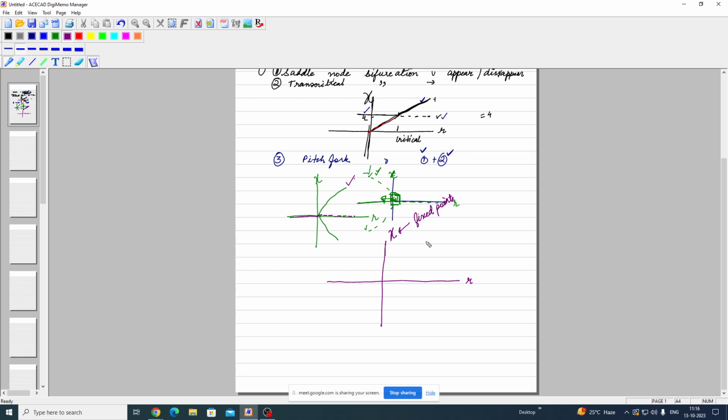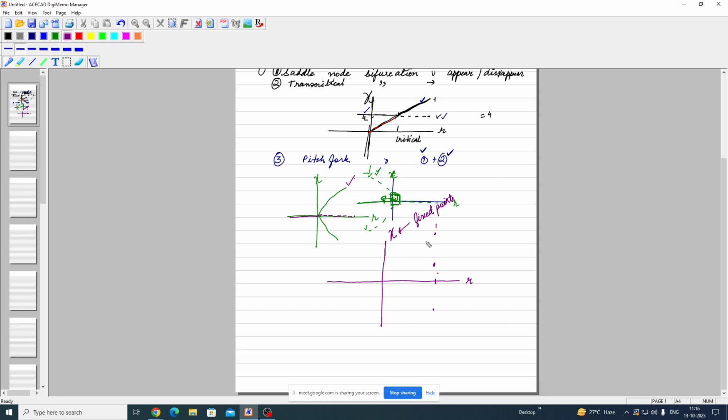For a given value of r, how many fixed points do you have? Plot them perpendicularly to this point. Let's say you took r greater than 0, a decent size value, and you had one fixed point here, another here, and another here.